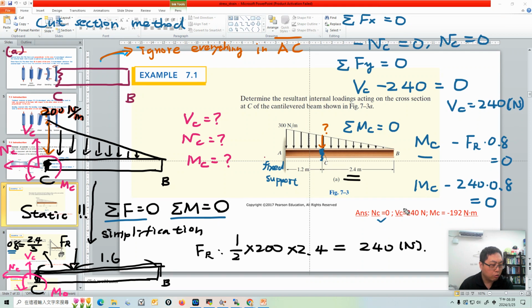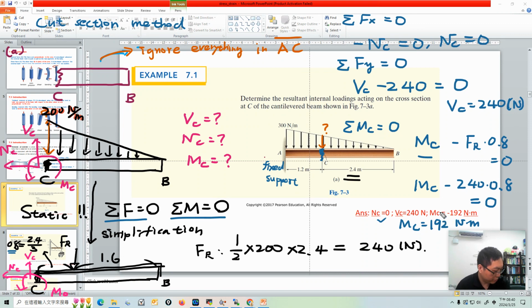So finally, what is MC? MC is 192 Newton times meter. Right now we have an issue here. MC here is a positive value. At the beginning I assumed it's positive because of counterclockwise rotation, but the answer in the PowerPoint has a minus sign.